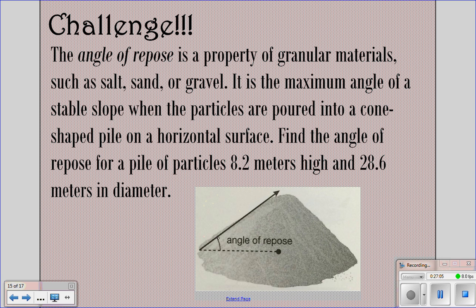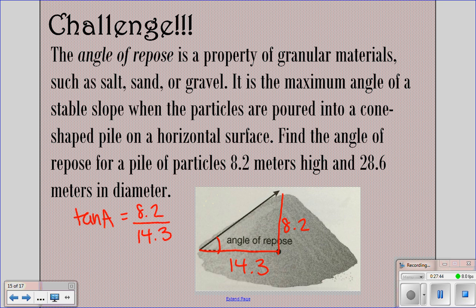So we are looking for this angle here for a particle height of 8.2, and it's 28.6 meters in diameter. So if this is to the center, that means it's the radius, which is going to be 14.3. And so we're looking for the angle. So we're going to be using tangent because we have the opposite and the adjacent. So I'm going to set up tangent of my angle of repose is going to be 8.2 over 14.3.